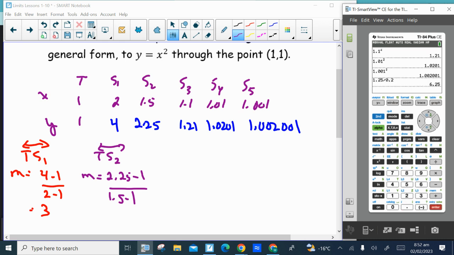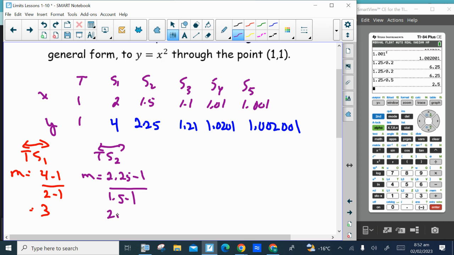Let me try that again. There we go, 2.5, that's better. Okay, so then we'll find the slope of the secant line from t to s sub 3.